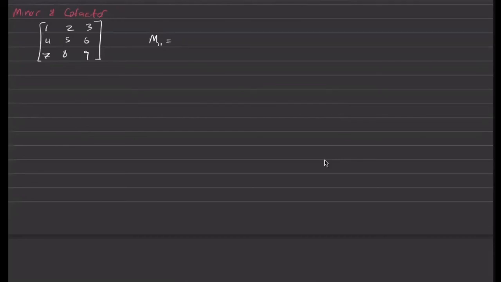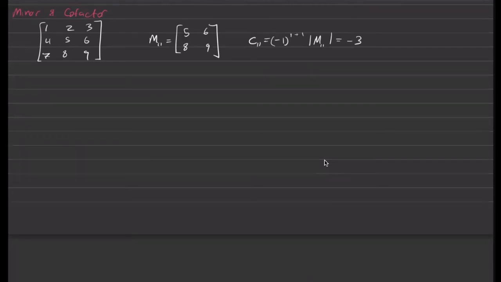What I'll do is block out the first row and the first column, and take whatever's remaining. So this is just going to be 5, 6, 8, 9. That is my minor. My cofactor C11 is equal to -1 to the power of i plus j. In this case, both of them are 1, so 1 plus 1. And we'll multiply that by the determinant of my minor 1,1. And if you solve that out, you should get -3, I believe.